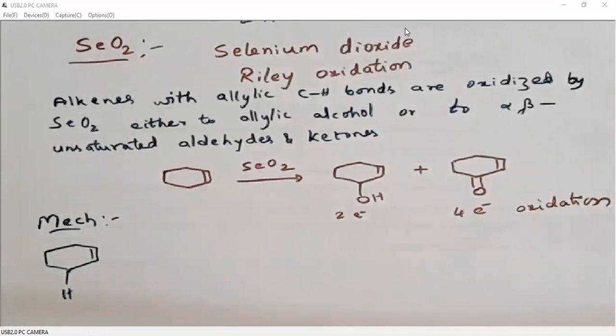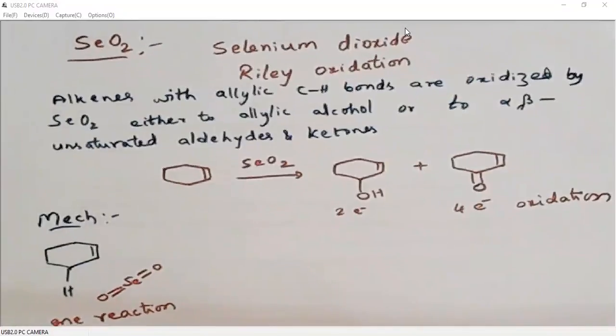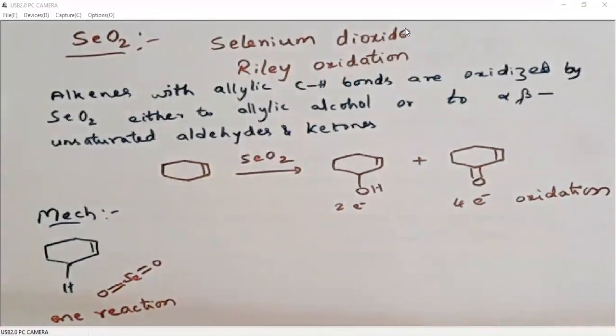Alkenes with allylic CH bonds will undergo ene reaction with selenium dioxide. What is ene reaction? I will explain in detail during pericyclic reactions.